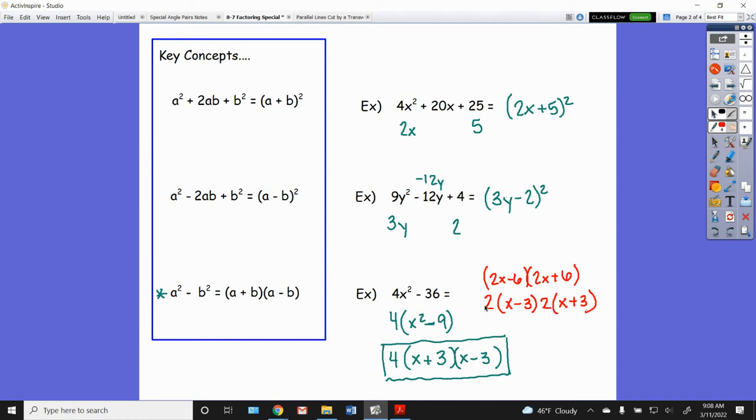So the 2's that I pulled out, I could have put up at the front, because remember, commutative property means I can pretty much move these things wherever I want, if it's all multiplication or addition. But this is multiplication. And then this 2 times 2 would give you that 4.